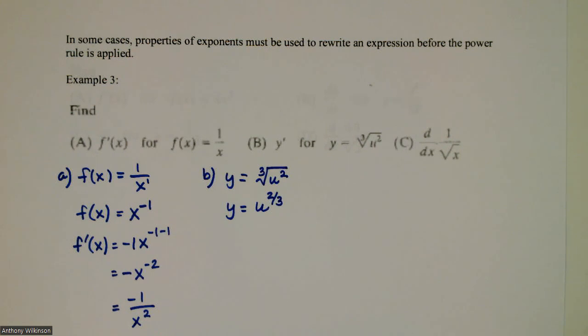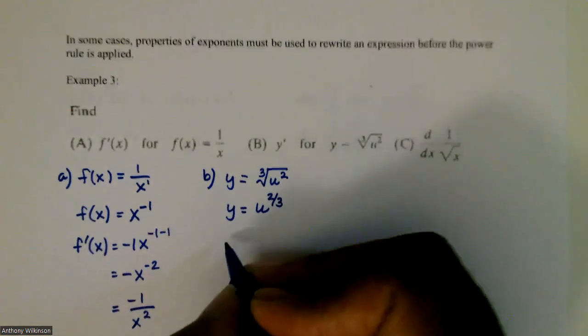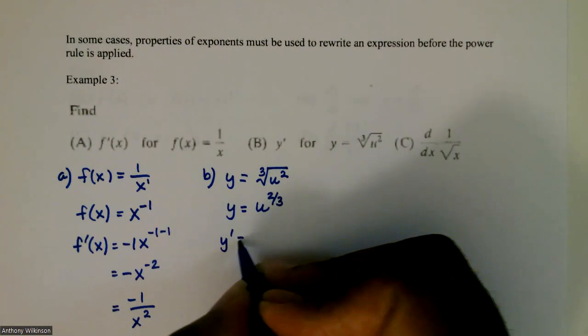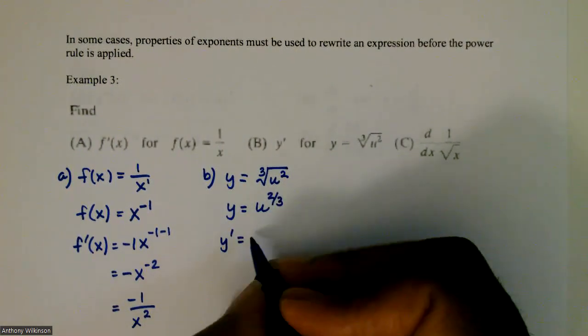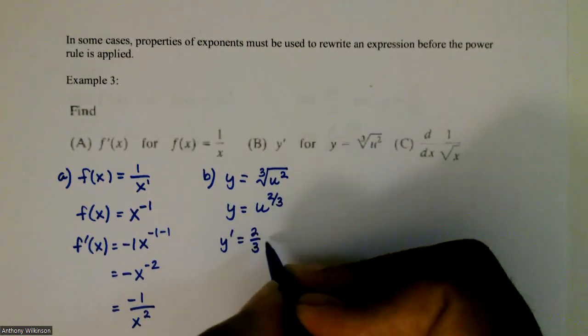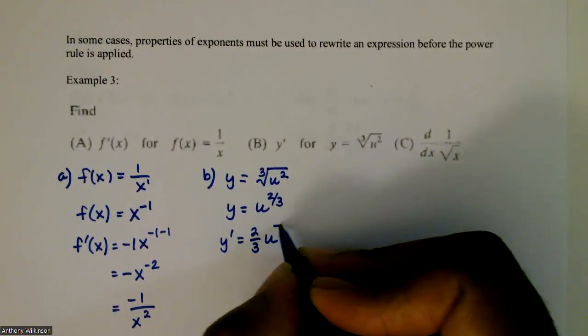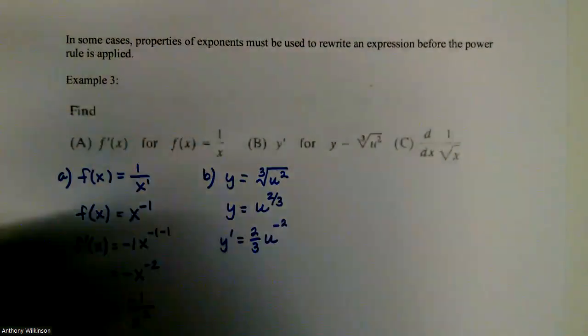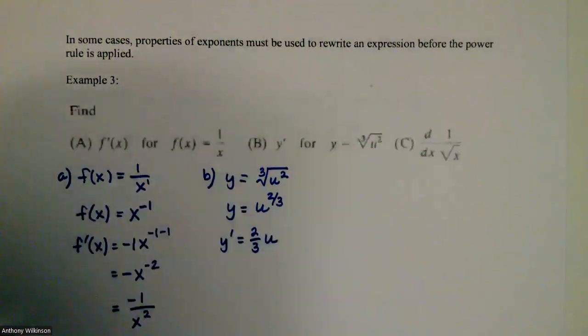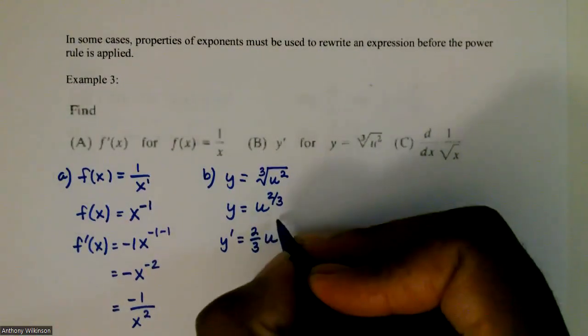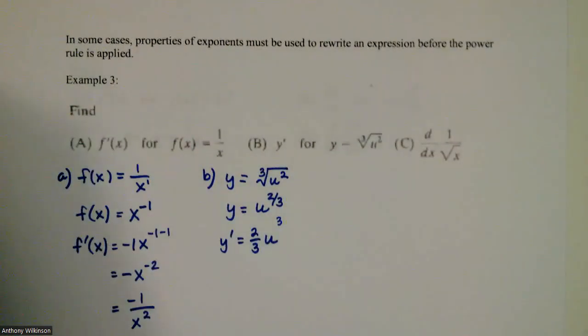And then we can find y prime in this case. So y prime would be to bring the exponent in front. That's your 2/3. Copy the u over to the 2/3 minus 1. This is always going to be to the 1 less power when you take the derivative.